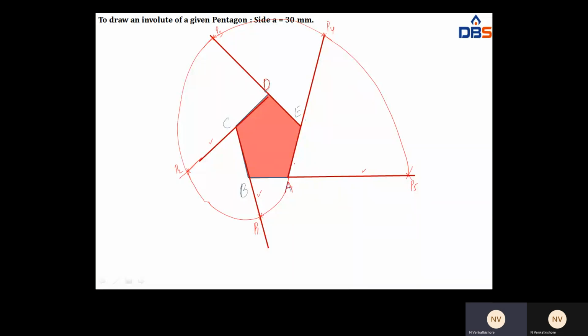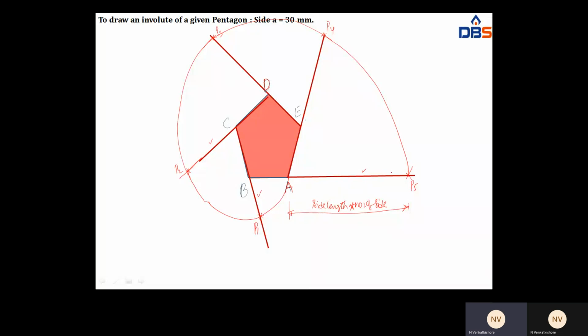Okay, then if you see, there is a gap, how much? It is the side length into the number of sides. So from the starting to ending, how much length? Five sides, so totally it is 150 mm total length.